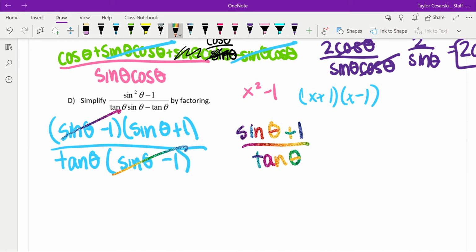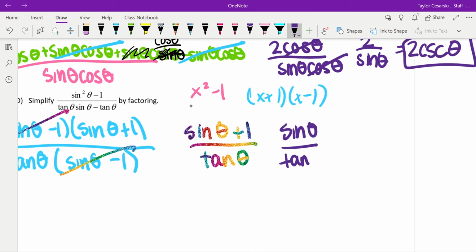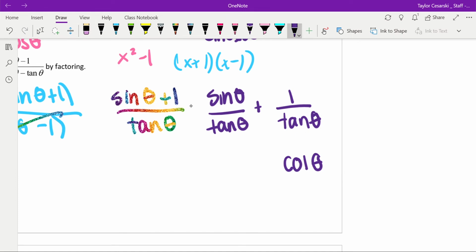We can still simplify this a little bit. Here I have sine of theta over tangent of theta plus 1 over tangent of theta. Let's do this one first: 1 over tangent is just cotangent.